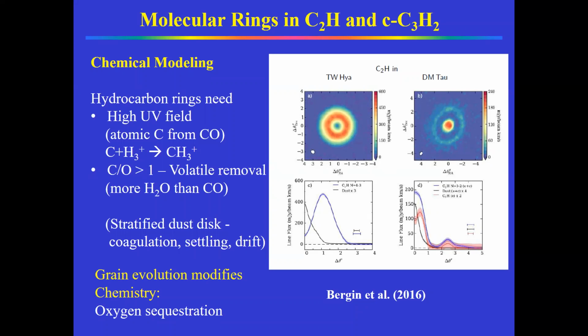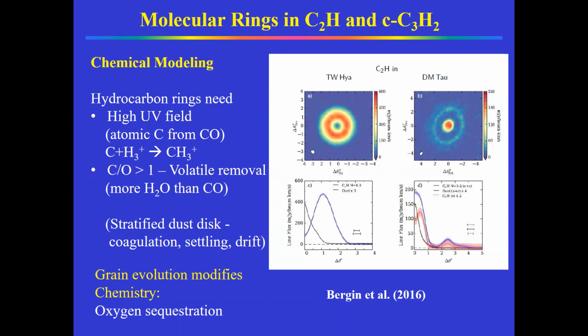One is that you have a relatively high UV field so that you get atomic carbon from carbon monoxide, and then the carbon can react with H3+, and then recombine to C2H, for instance. The other condition is that the carbon to oxygen ratio is larger than 1.